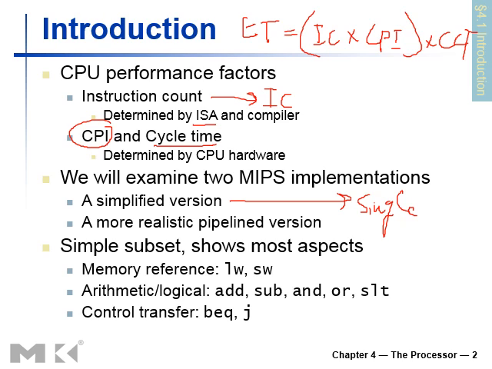In that case, the CPI was 1. If all the instructions execute in one clock cycle, then the CPI of that system is 1.